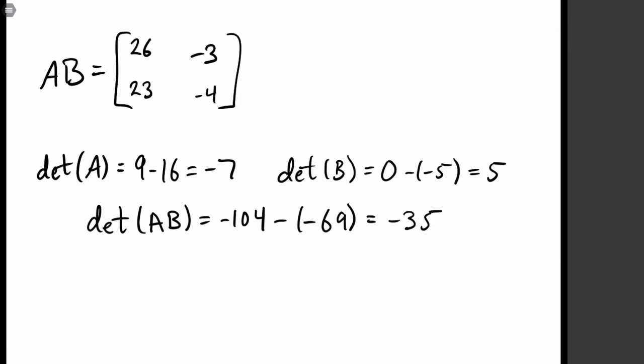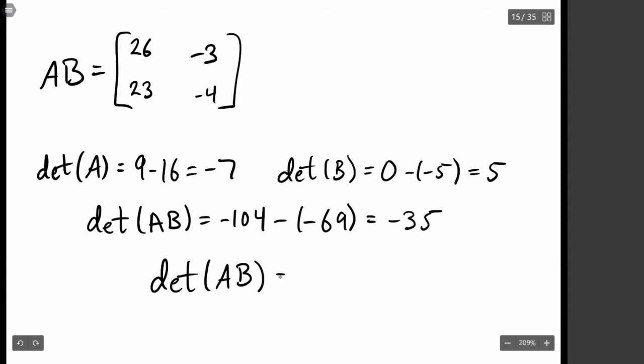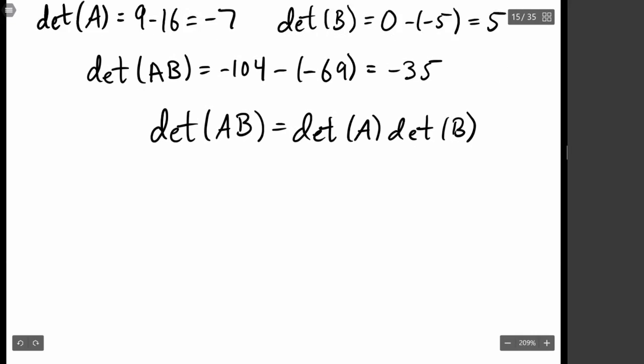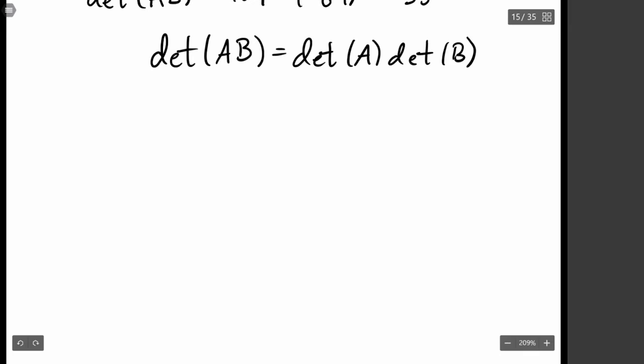So was your guess correct? If you look at what we have here, we have that the determinant of A times B is equal to determinant of A, determinant of B. Right? And that's quite a crucial property for determinants. All right? So let me summarize that as a theorem.